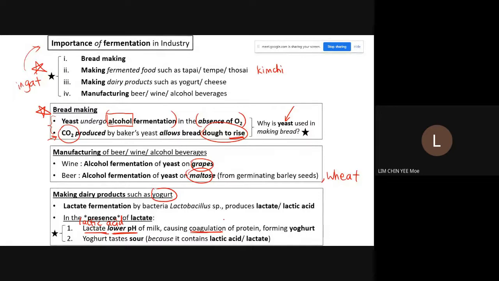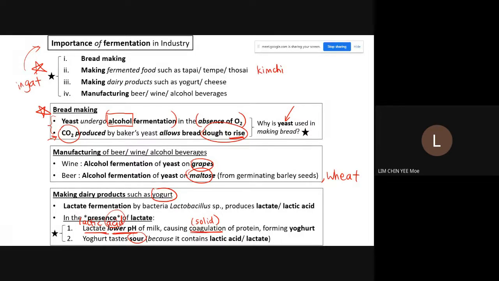If you still remember, low pH will cause denaturation of protein. So protein tu jadi coagulate, solid. And itulah dia form yogurt. And why does it taste sour? Sebab lactic acid. Acid tu sour. Itu je.